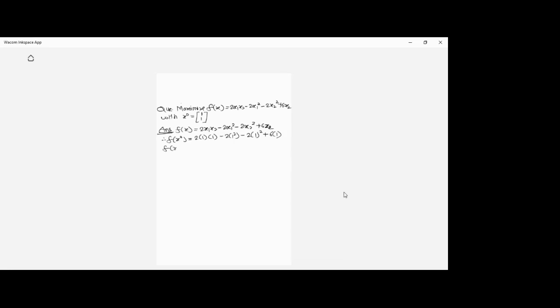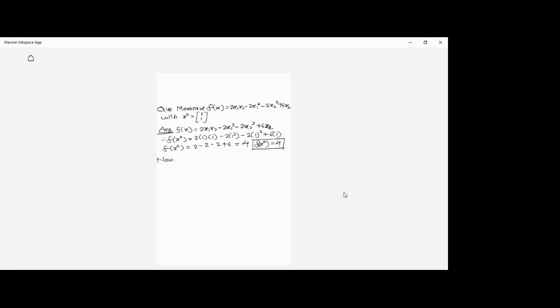This is 2 - 2 - 2 + 6, which equals 4. So f of x0 is equal to 4. This is important because it will help for comparison purposes.